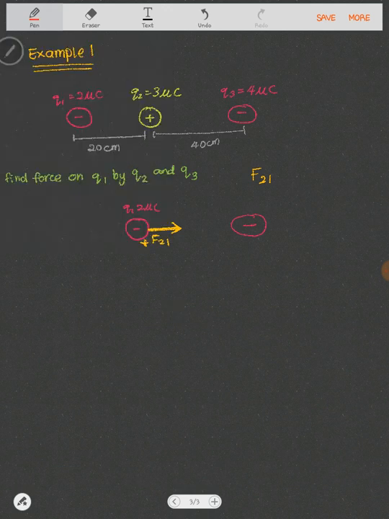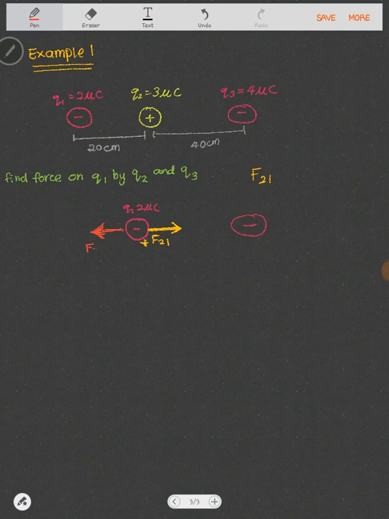Okay, negative dengan negative dia akan repel to each other, so when it is repel, it is going to this way, on the opposite direction, because it is not attracted, dia tak berminat pun dengan negative charge pada charge ketiga ni, so dia tak pergi ke arah charge 3 tu, so dia pergi ke arah opposite way, berlaku repulsion.